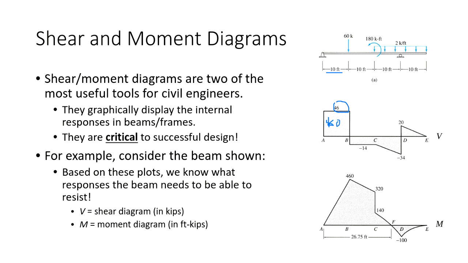Please forgive me, I'm drawing this with my mouse, so it's horrible. So that area is 460. And so that's how we get that number right there, because the value on the moment diagram is equal to the area under the shear diagram, because the integral of shear is moment, okay?